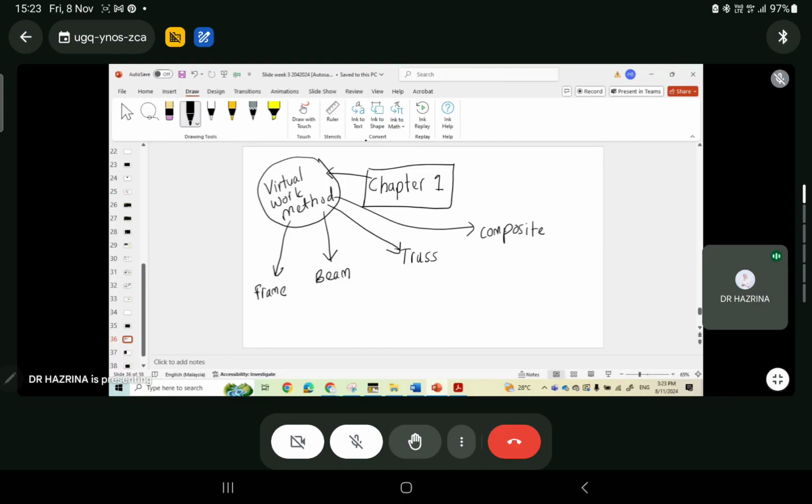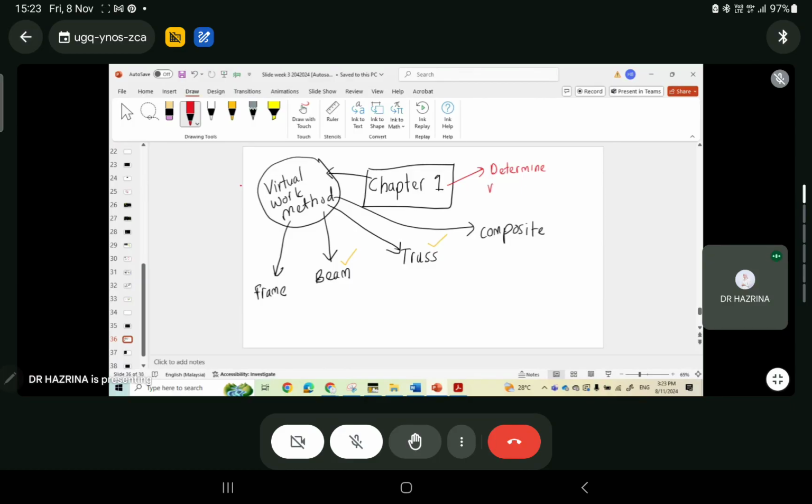And so far, what we have learned, okay, we have learned about beam and we have learned about truss. All right. So in truss systems, again, here the ultimate objective in chapter 1, we wanted to determine a vertical or a horizontal displacement.